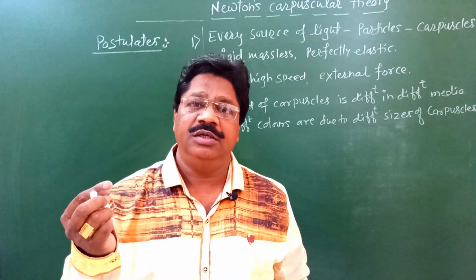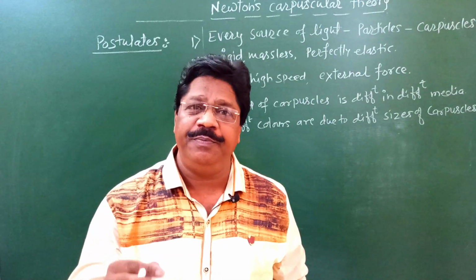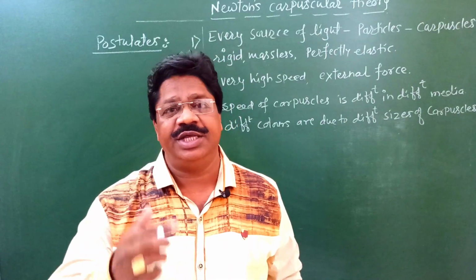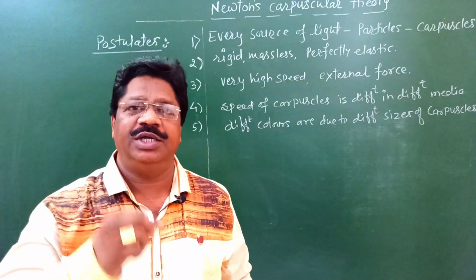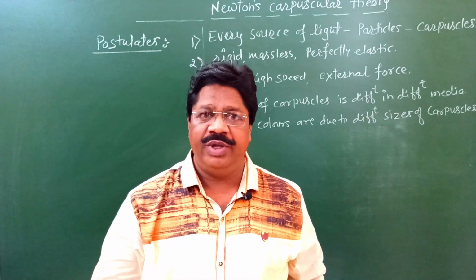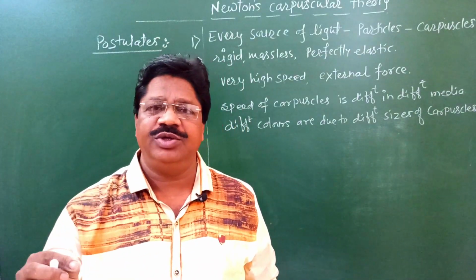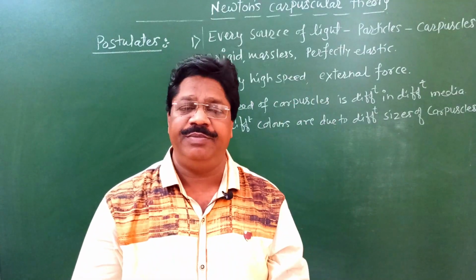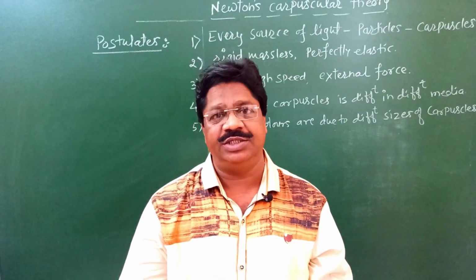That means the corpuscles are repelled by the reflecting surface into the same medium, and this phenomenon is called reflection. When light strikes any reflecting surface, it is sent back into the same medium. This phenomenon is called reflection.